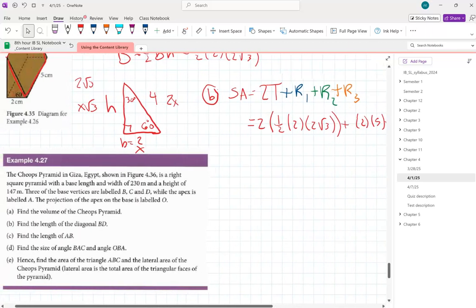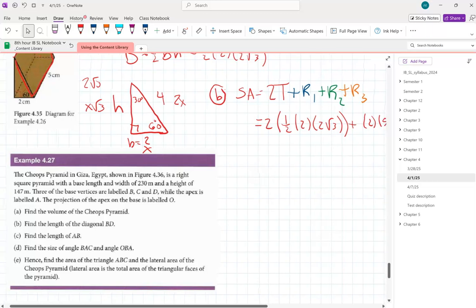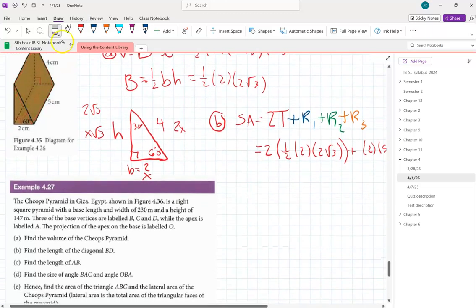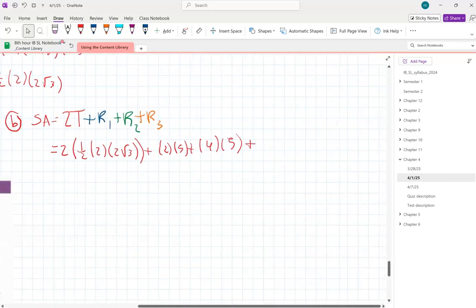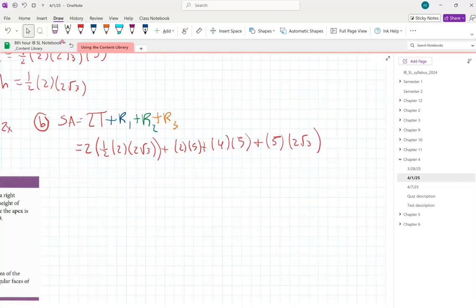And then the last rectangle is going to be this one in the back. So that's going to be 5 by 2 root 3, right? And there we go.